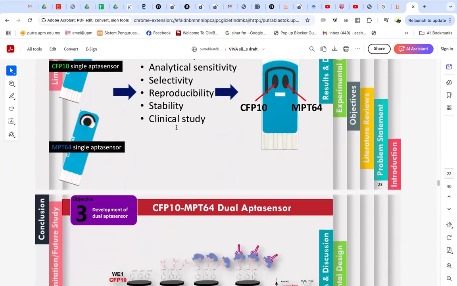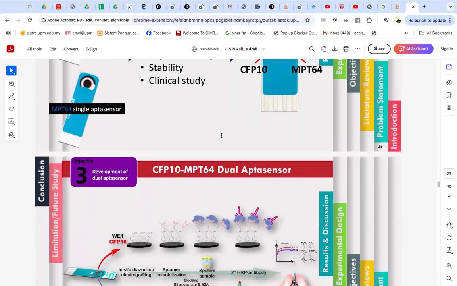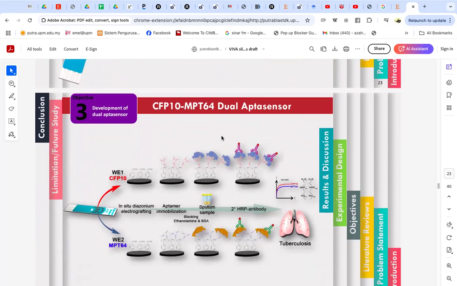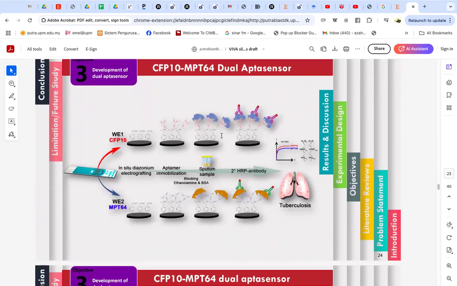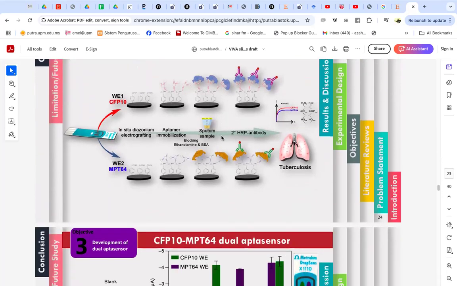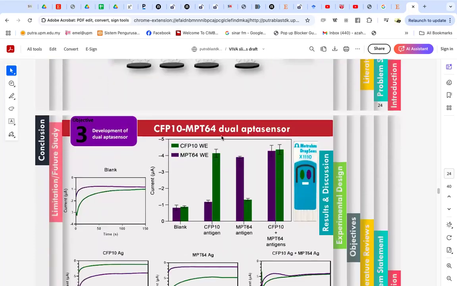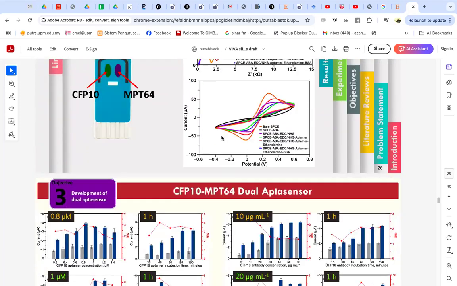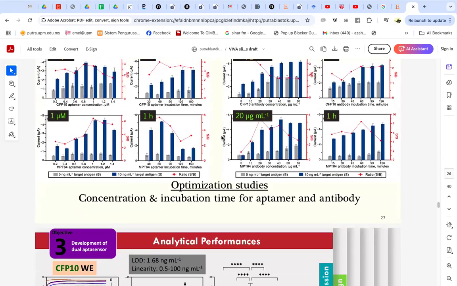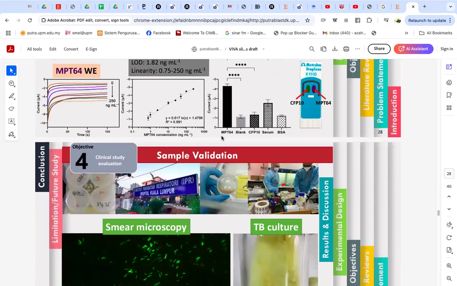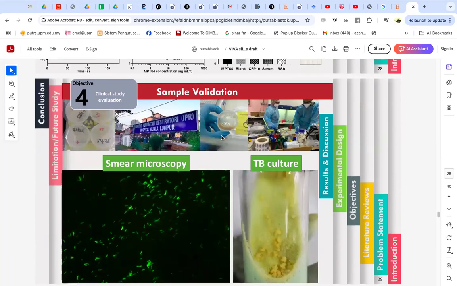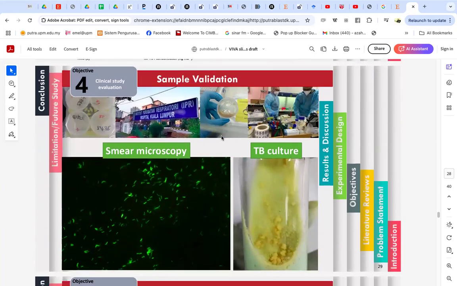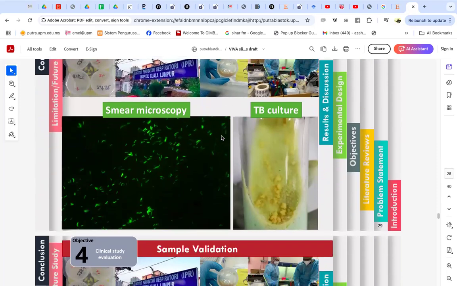Once all is confirmed, we do the real sample analysis, meaning the sensor is now subjected to the patient's sputum sample. Then we do sample validation, comparing with smear microscopy and TB culture.